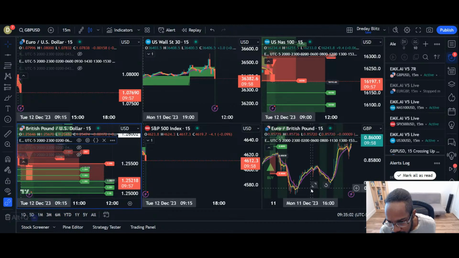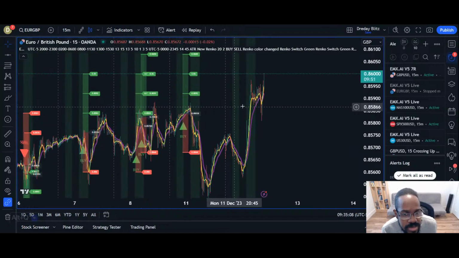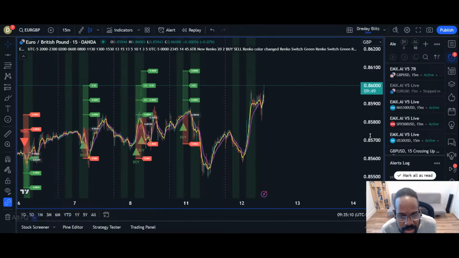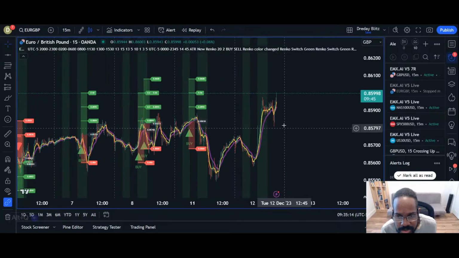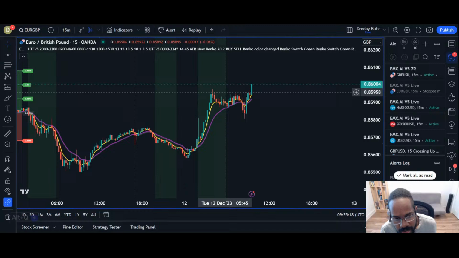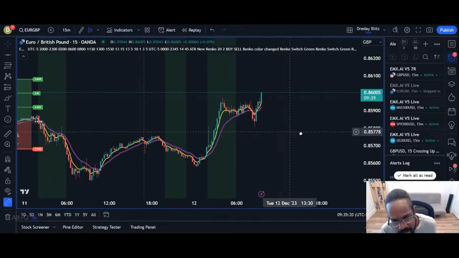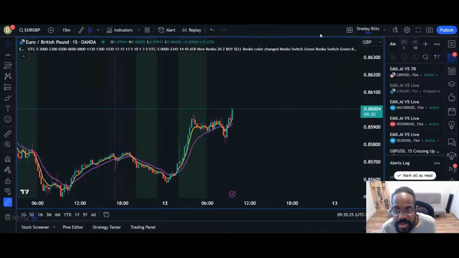And let's look at the Euro GBP. Euro GBP is looking bullish here right now. Why? Because it seems that the euro is stronger right now than the British pound.